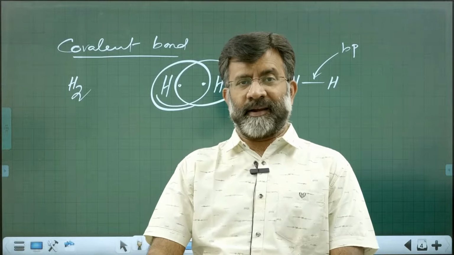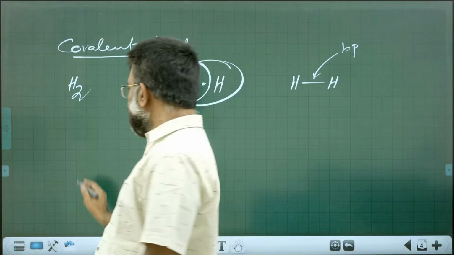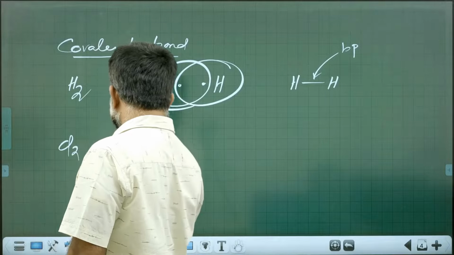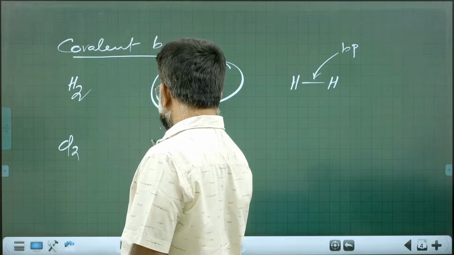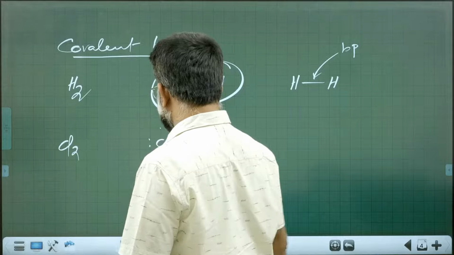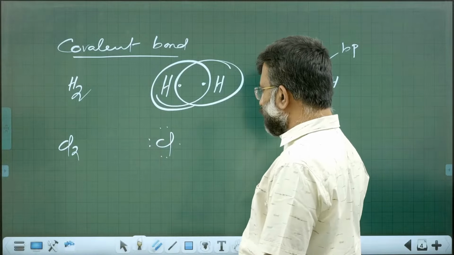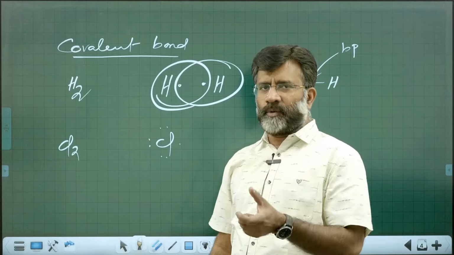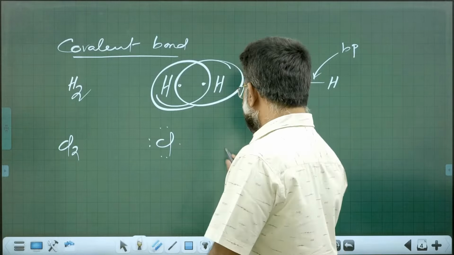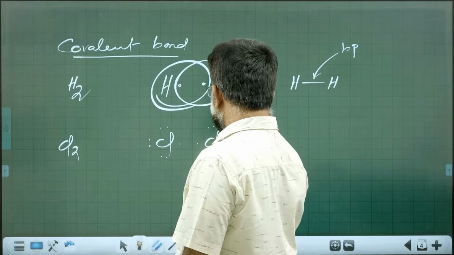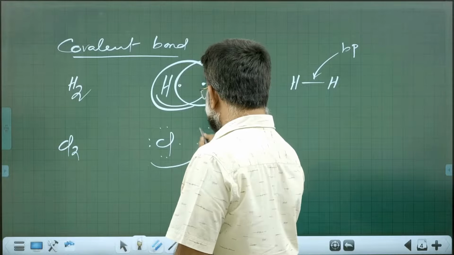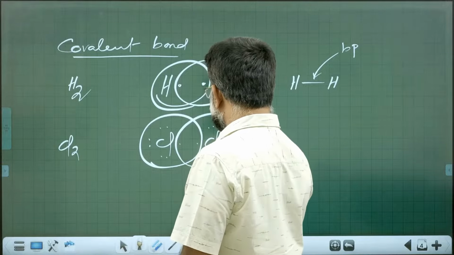Not necessarily one electron pair. If you take chlorine, again Cl2, it is like this. This is the Lewis electron dot structure of chlorine. The 7 valence electrons of chlorine are represented around the symbol. And we have another chlorine atom with again 7 valence electrons. And this electron pair is shared mutually.